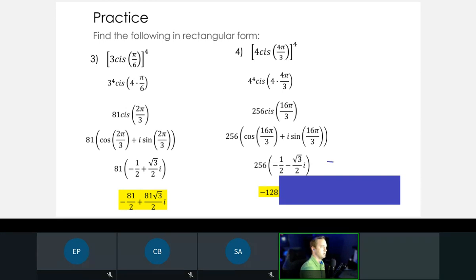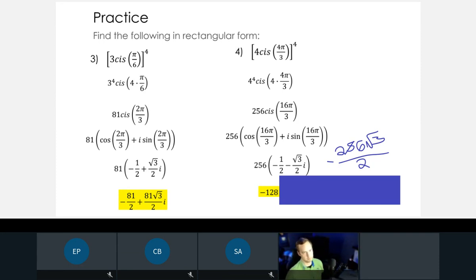So you're going to have negative 256 rad 3 all over 2. So what's 256 divided by 2? Negative 128. So you're going to have minus 128 rad 3. And that's what you put.